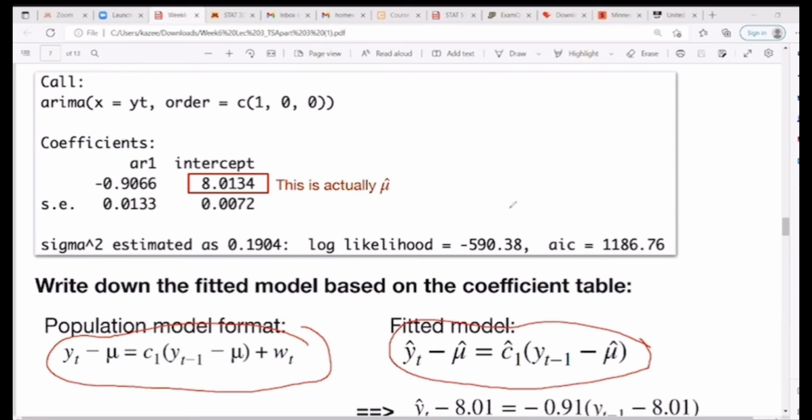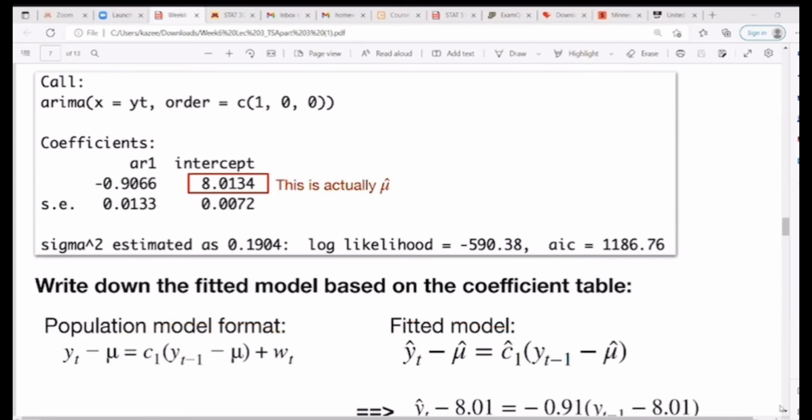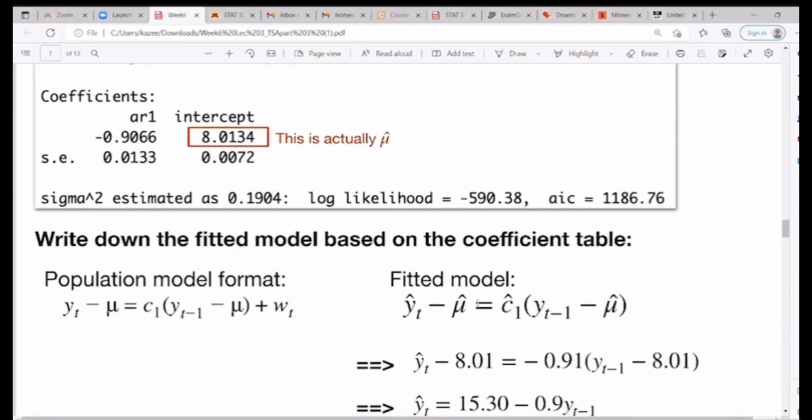Now, what are you going to do? You're going to look at the model. Why do I write 8.01? That is mu cap, which is this guy here, to 2 decimal places. What is C1? Negative 0.901, or 0.91 to 2 decimal places. That's what I plug in there.